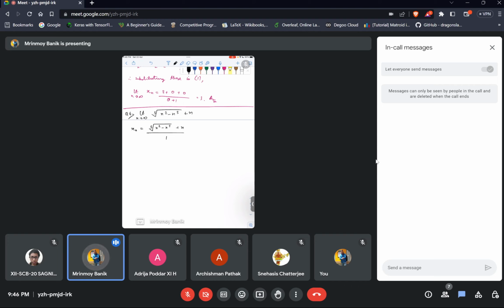So what should be the power of n with which we should divide? If you divide by n, you can't divide by n since in the denominator we'll get a 0 otherwise.